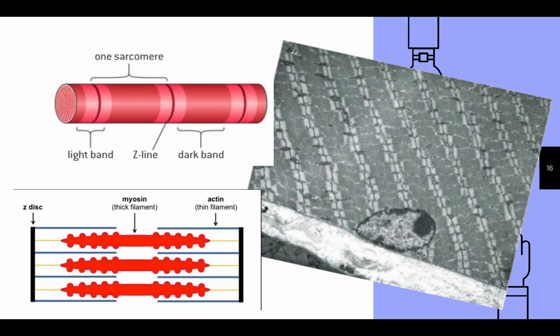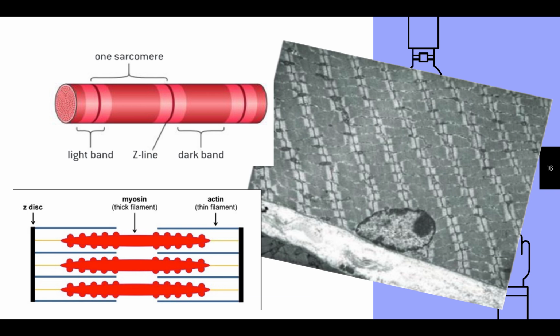Now, what causes those striations? The reason is your myofibril is made up of myofilaments. Two types of myofilaments, myosin and actin. Myosin is the thicker protein molecule. That's why it looks darker.